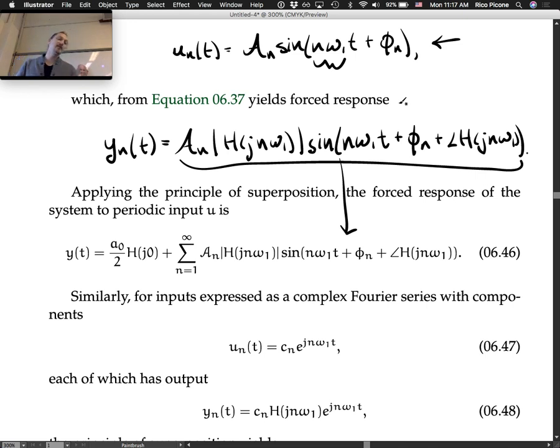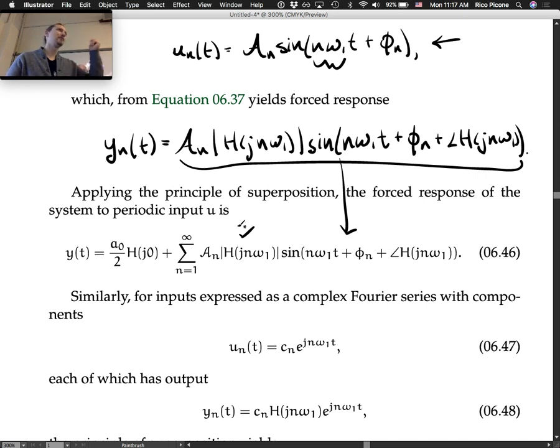That's what we've just done. So this equation 646 is actually the solution for the forced response for any periodic input. If you write a Fourier series of the input, you have the solution for what the forced response is.